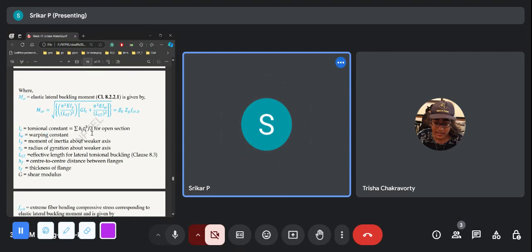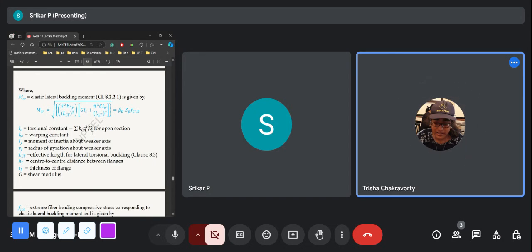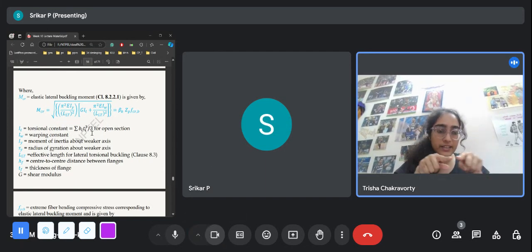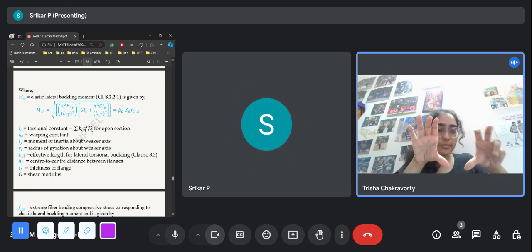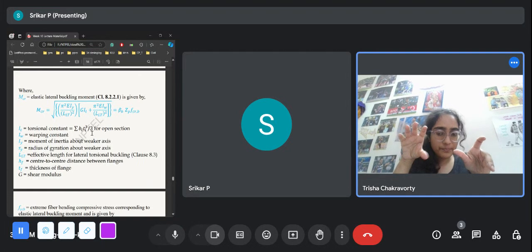See, torsion, you can perceive torsion, right? Imagine an open section, where the cross section is open, like this. The beam is going out of the plane, and this force is a torsional force.